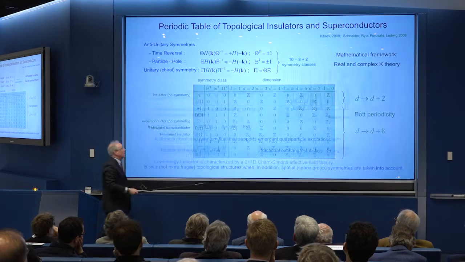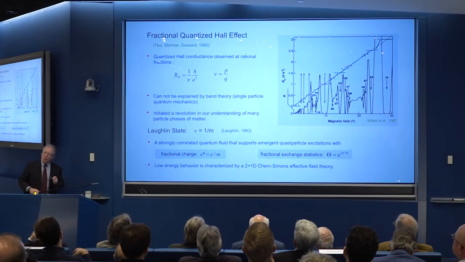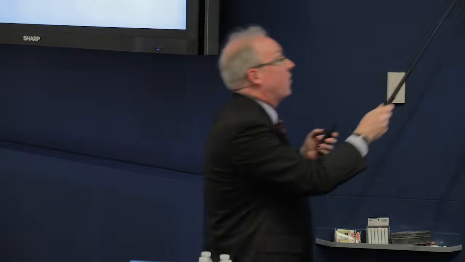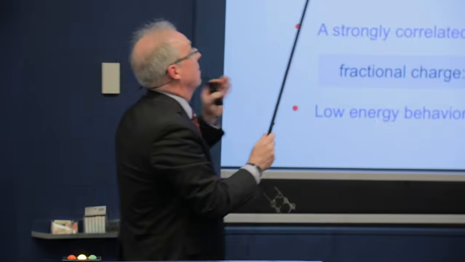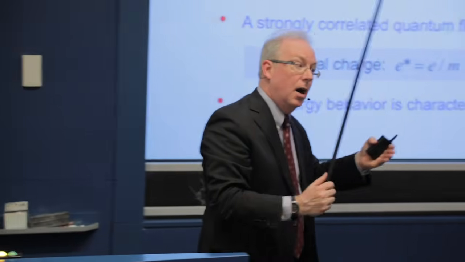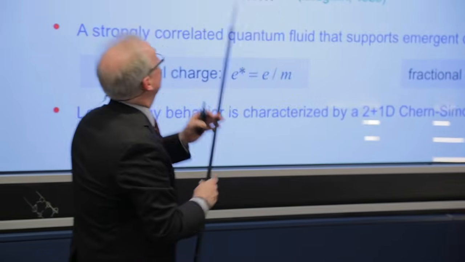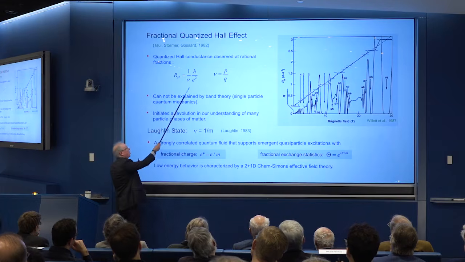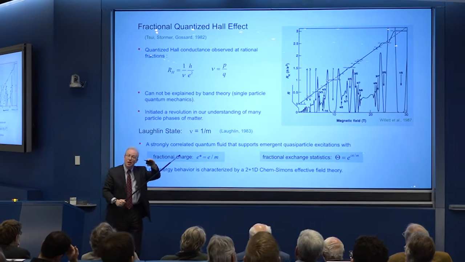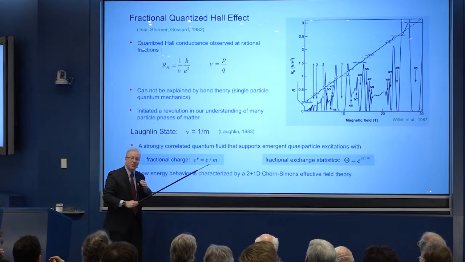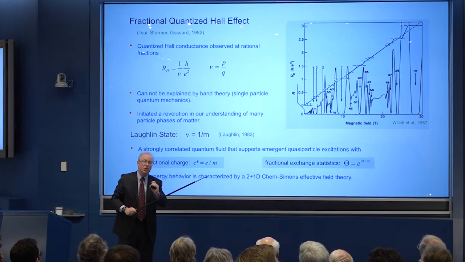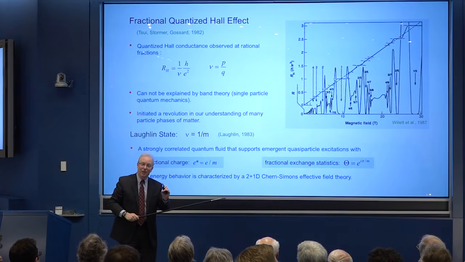Now, single particle quantum mechanics is not the whole story. So the fractional quantum Hall effect is something which was also discovered by the technology of electronic materials. And what was found is actually that this Hall conductance, which was an integer, can have fractional values. This cannot be understood with single particle quantum mechanics.